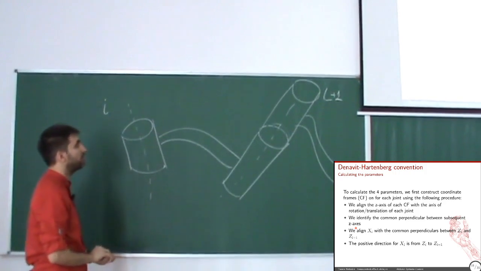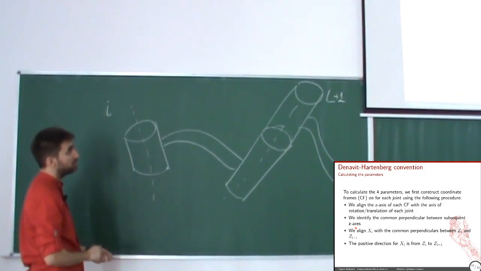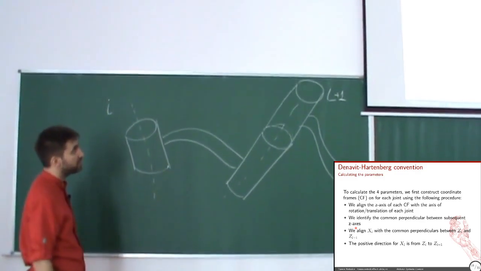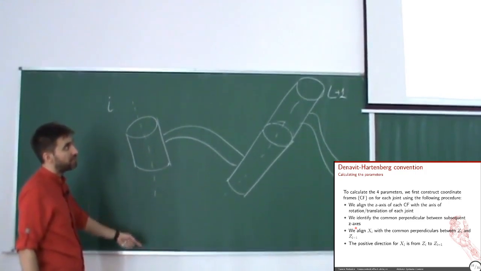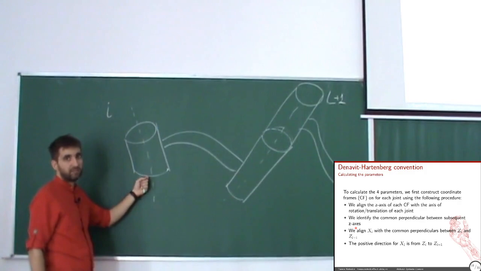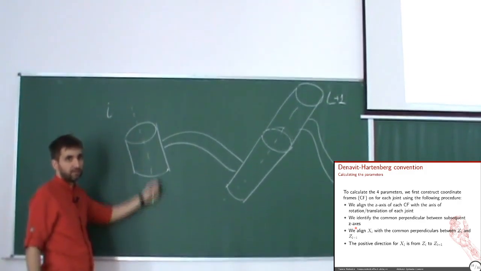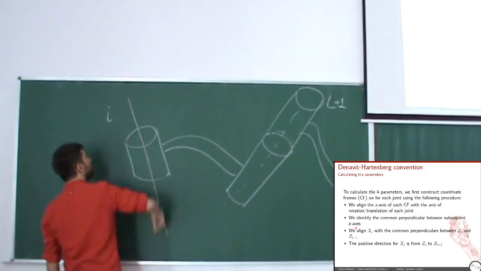And we align the Z axis of the ith coordinate frame with the axis of rotation or translation of each joint. So what is the axis of rotation here? It's this line here. So I will say this is my Z.